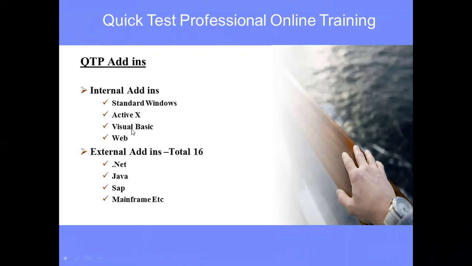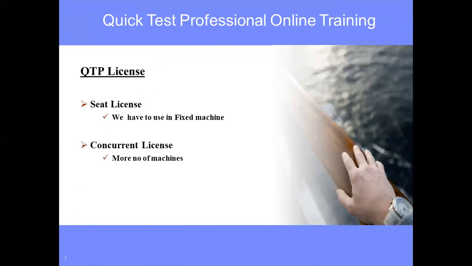Coming to licenses, UFT currently has 2 types of licenses: seat license and concurrent license. Seat license is, for example, if you plan to buy a single license for your own purpose, then you can buy it as a seat license.